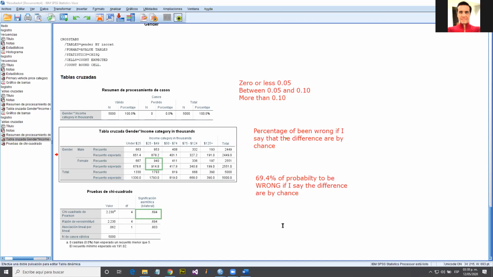Okay, so this is what this means. So then I am sure there is a reason.